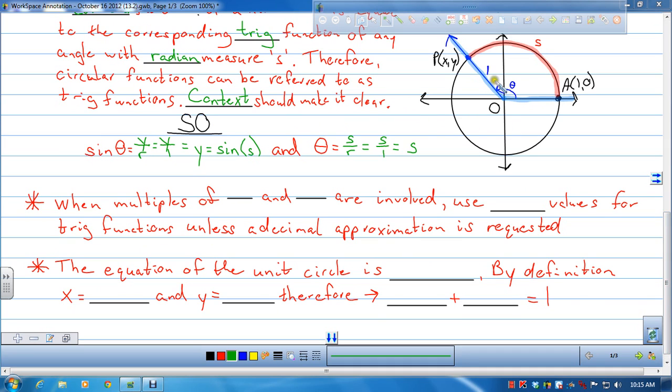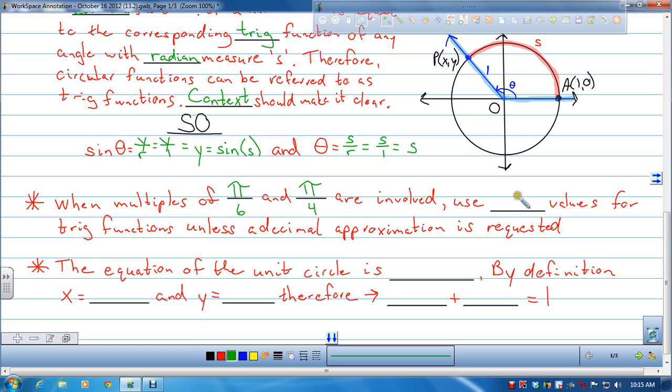So when we're thinking about these circular functions, when we have a radian measure that are multiples of pi over 6, which is 30 degrees, right? And pi over 4, which is the equivalent of 45 degrees, you'll remember that those are all of our special triangles, our 30, 60, 90 triangle, our 45, 45, 90 triangle.